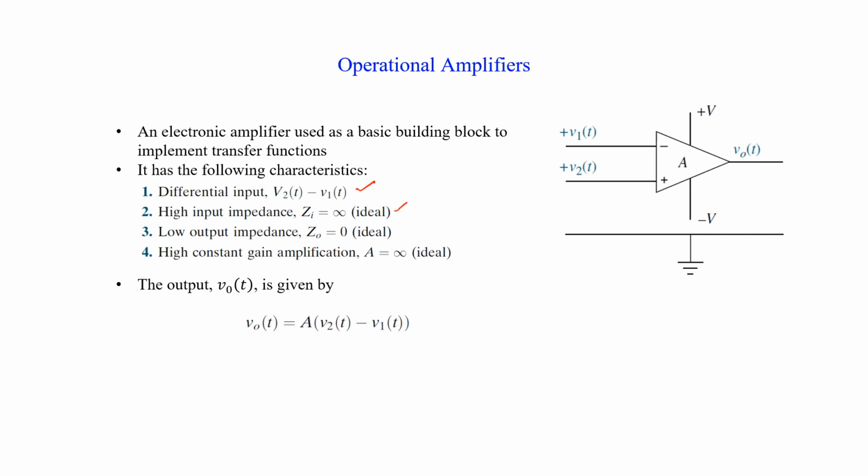We can say that input impedance is infinity, and ideally they have very low output impedance, so we can say Z naught equals 0, and ideally they have a very high gain amplification, and the output is given by this expression where A is gain and V2 minus V1 is the difference between V2 and V1.